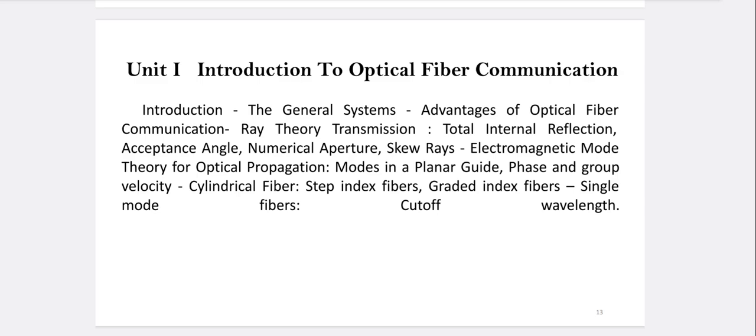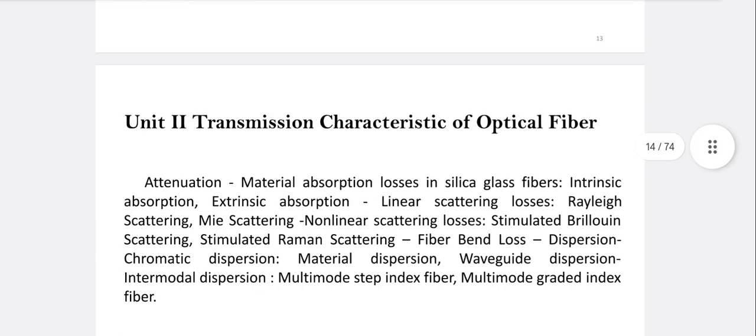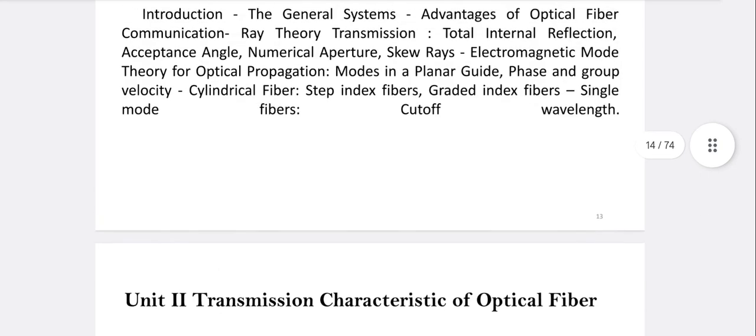In this we will further discuss total internal reflection, acceptance angle and numerical aperture, skew rays, and so on. The next topic is electromagnetic mode theory for optical propagation, and the types of optical fiber.